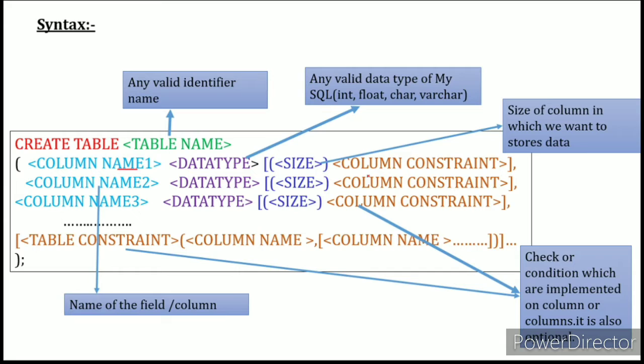Size, column constraints and table constraints are all optional. Either we can use them or ignore them. Here, table name and column name are both user defined names. So, both must be valid identifiers.